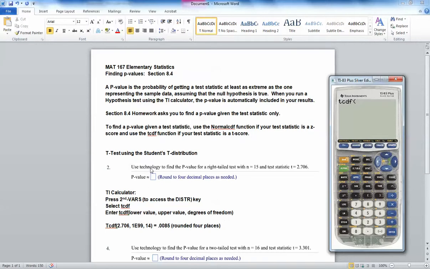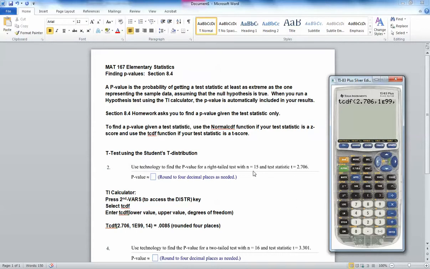Since we're using this to find a p-value for a right-tailed test, that means the right tail is shaded. So the lower part of our interval would be 2.706. The upper would be infinity, so that's 1e99, 1 times 10 to the power of 99. That's our infinity.